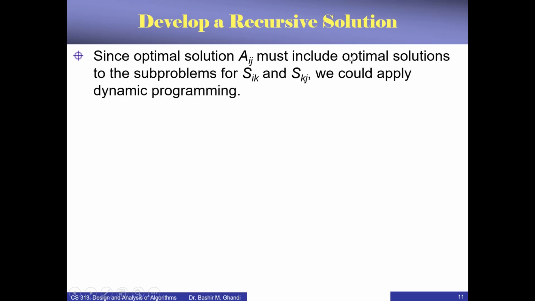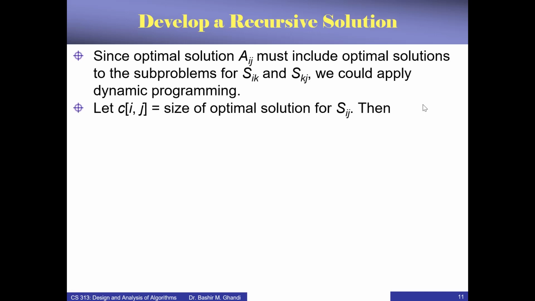Okay, so according to our sequence, therefore, we're going to move to the next step, which is to develop a recursive solution based on our optimal characterization. Now, since the solution Aij must include optimal solutions to subproblems Sik and Skj, we could apply dynamic programming.